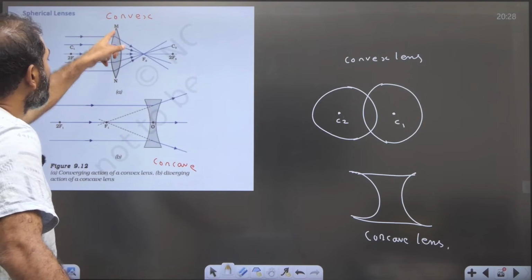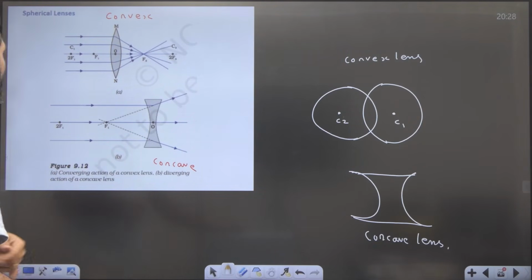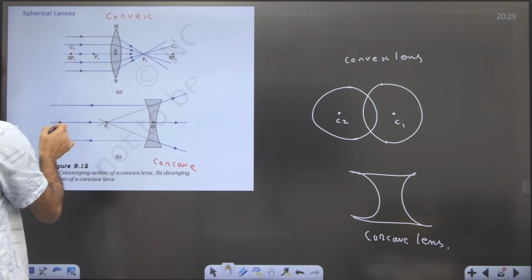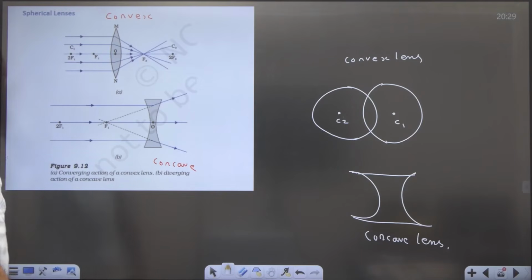The first one is a convex lens, the second one is a concave lens. This is the first focal length, this is the second focal length, f1 and 2f1. So the original focus is 2 times f1.